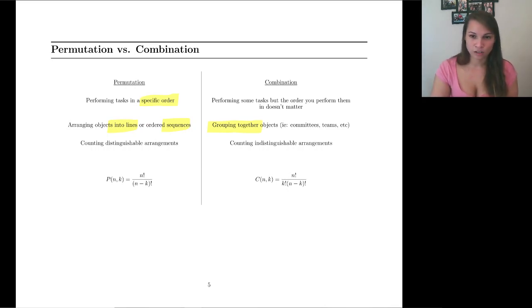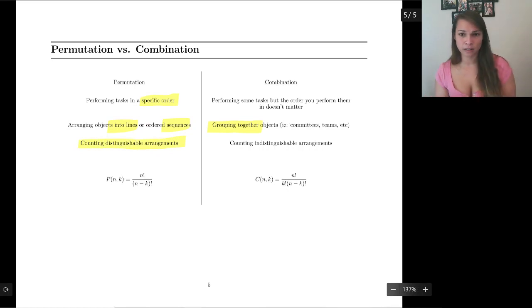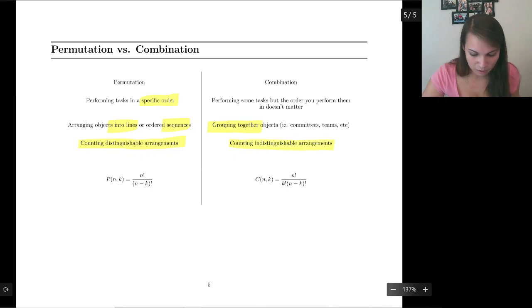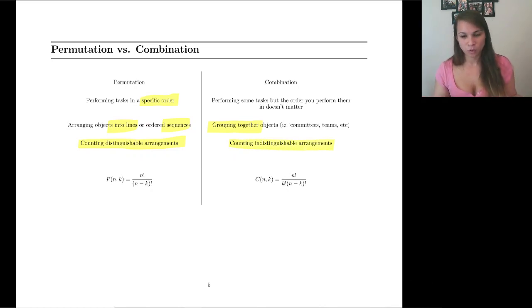Arranging objects in lines or sequences would be things like numbers, 23 versus 32, not the same number. The last thing is counting distinguishable arrangements, where order matters. If you move what order things are in, like first place versus second place, that matters, versus counting indistinguishable arrangements, where order no longer matters.